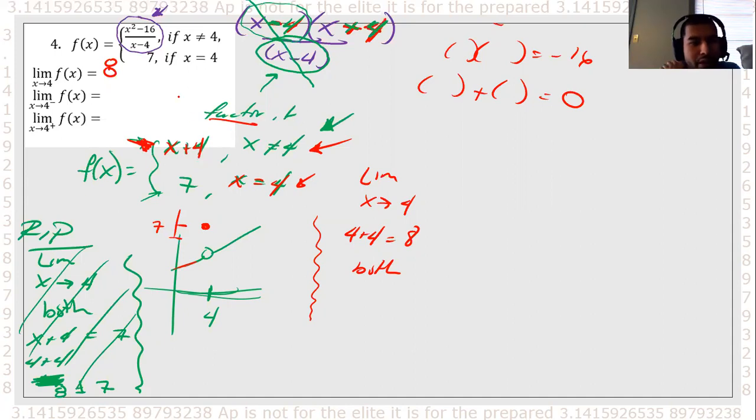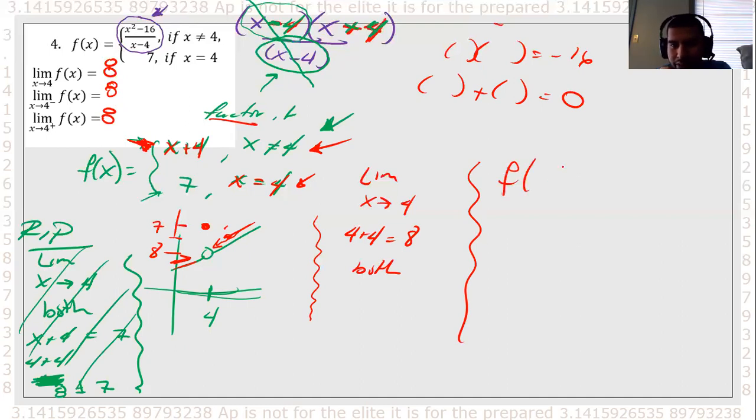So hopefully we can see that as we approach this value, it'll be 8 from the left, and from the right, as we approach this value, we just check that this will also be 8. And if they were to ask you, what is f of 4? We can tell them that is 7, because this told us that it's 7 when it's exactly 4.